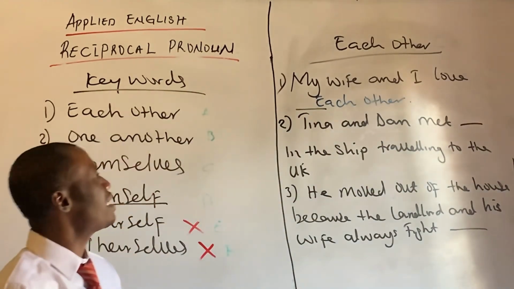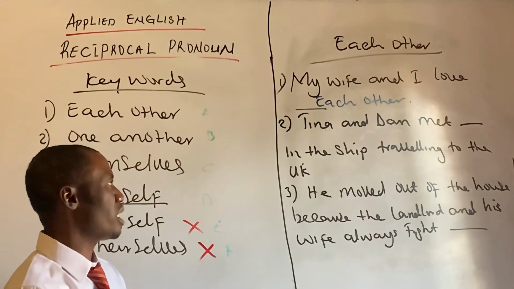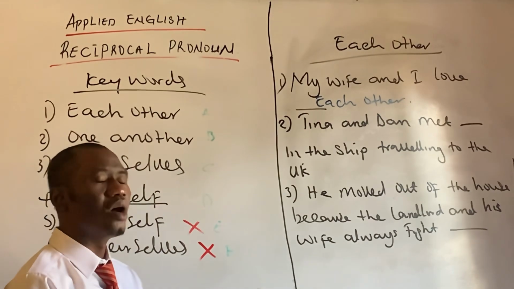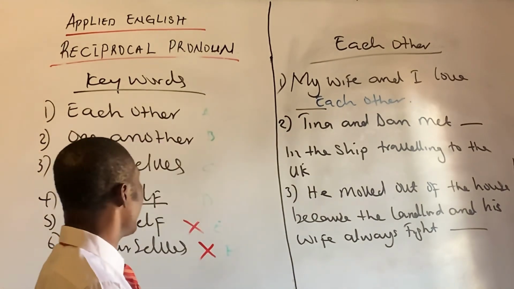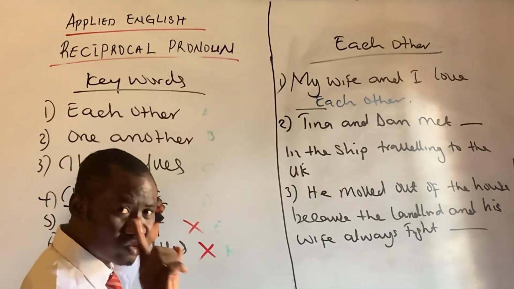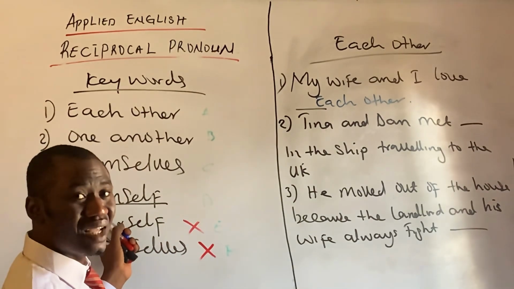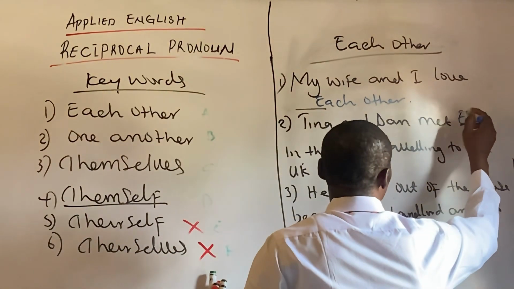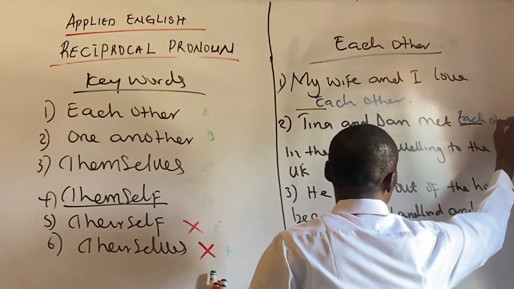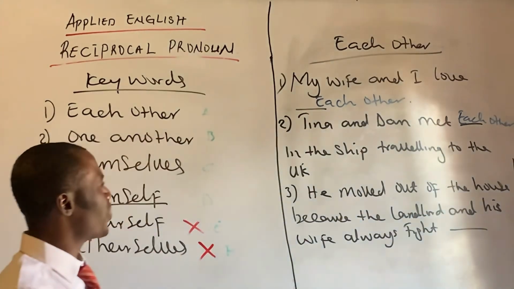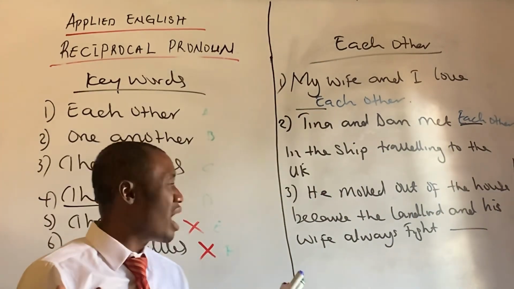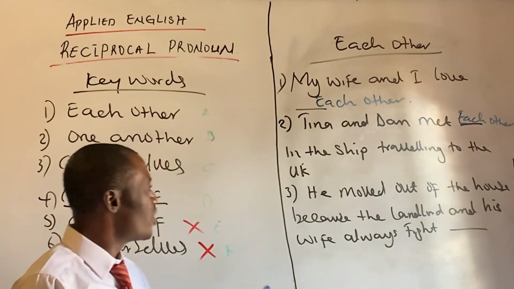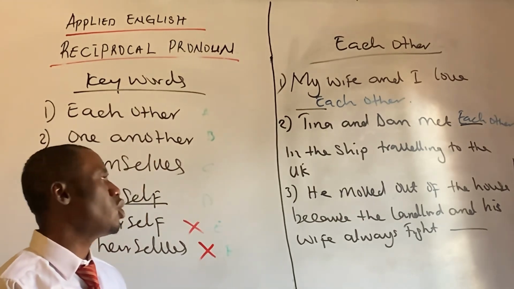All right. Tina and Dan met dash in the ship traveling to the UK. Of course, the right answer there is not themselves. That's wrong. The right answer is each other. Number three: he moved out of the house because the landlord and his wife always fight.